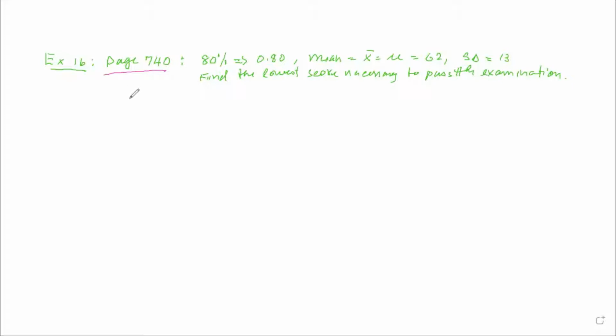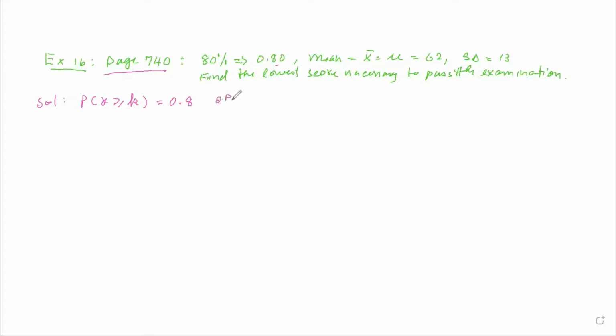In this case, we need to find k, so we can now write down the solution. P(x greater than k) equals 0.8, that means 80%.